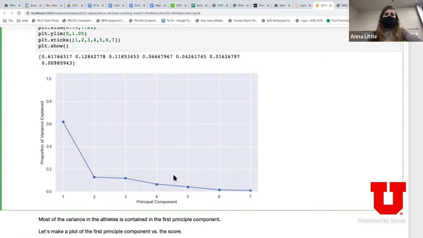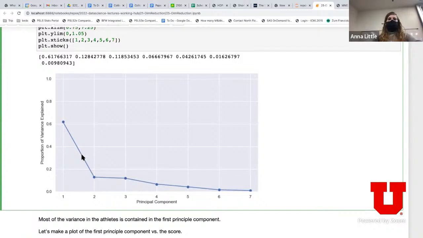Okay, so looking at one of these plots, how are you trying to read this off? There's a few different heuristics where you can look at a plot like this and try to decide how many dimensions you want to keep. One thing you can do is to find where the largest gap in these eigenvalues occurs. We see the biggest drop in going from 1 to 2. So you could do that.